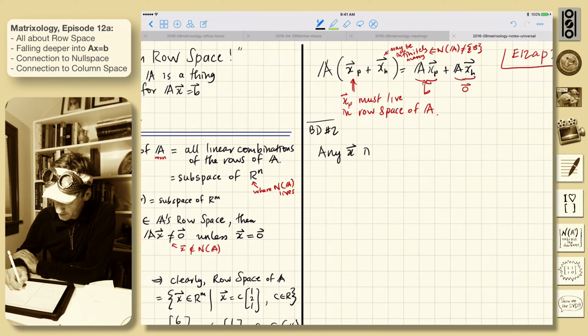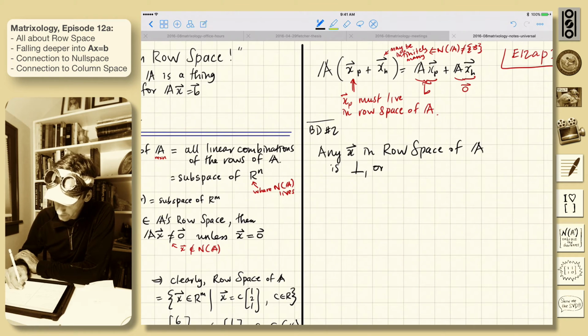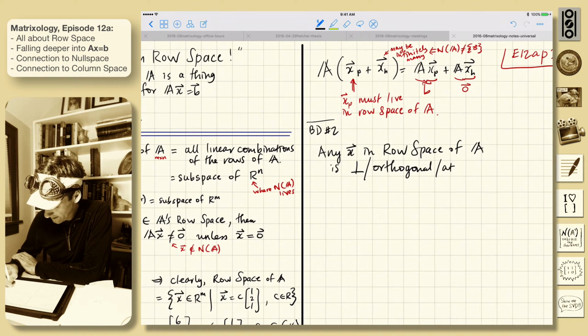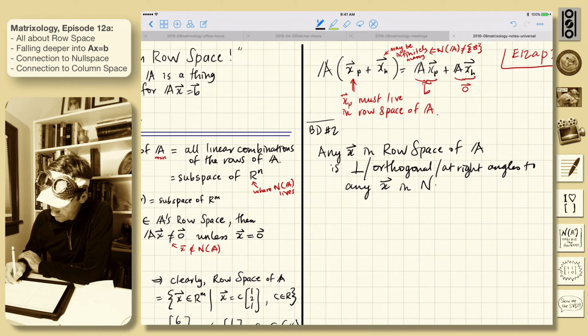Any x in the row space of A, really a big deal, is perpendicular, orthogonal, at right angles to any x in the null space of A.